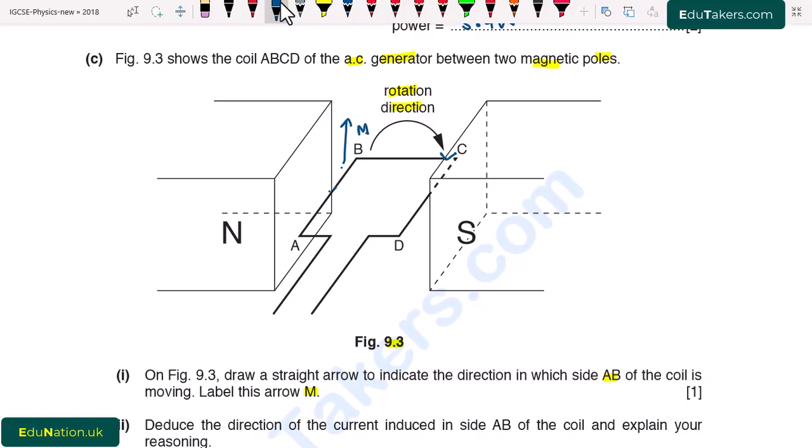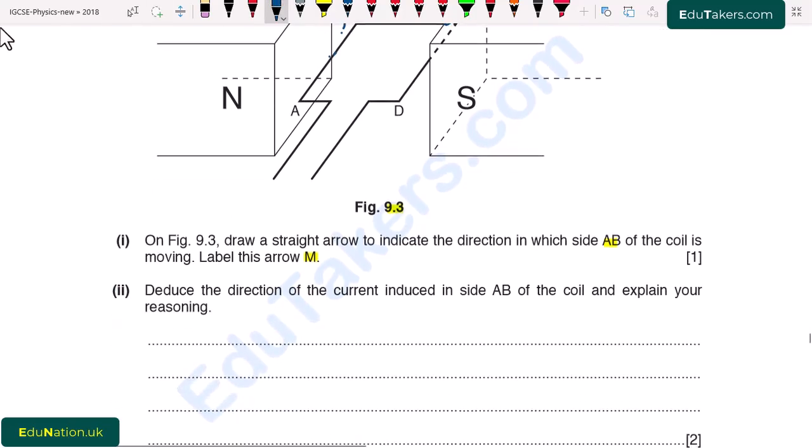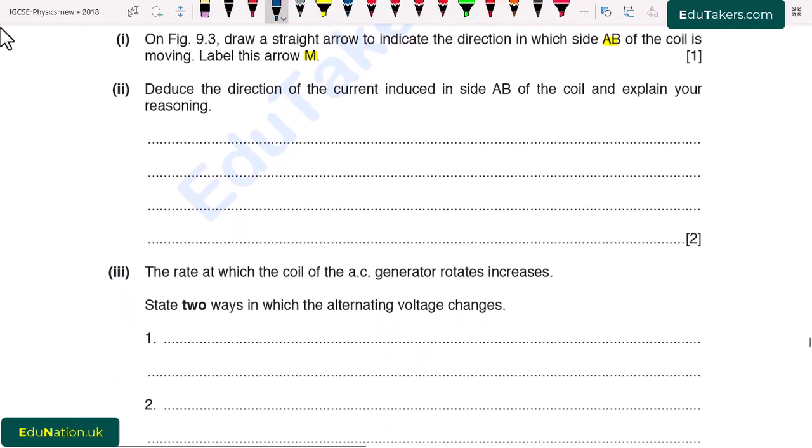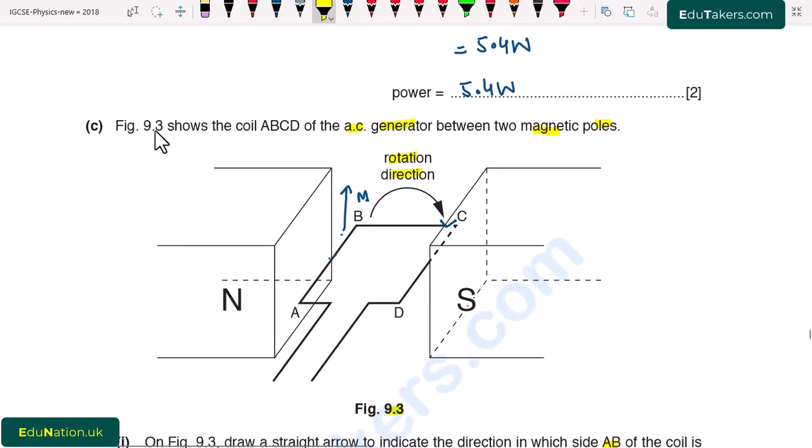So this is the direction in which the side AB of the coil is moving. Part 2. Deduce the direction of the current induced in side AB of the coil and explain your reasoning. So here we have to describe in which direction the current is induced inside AB.